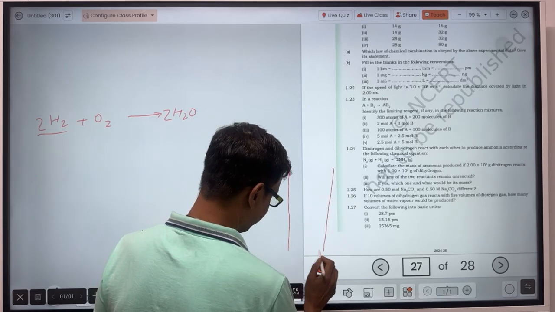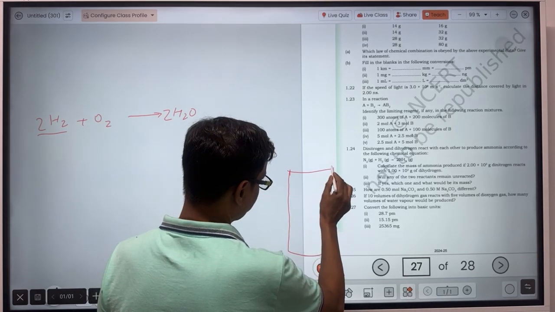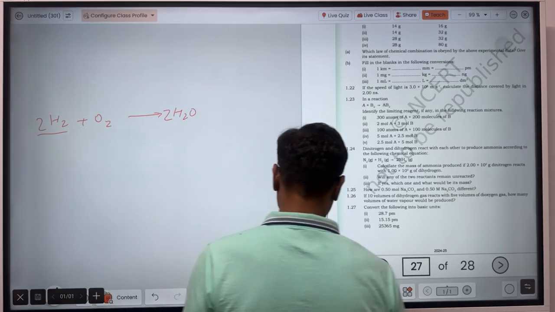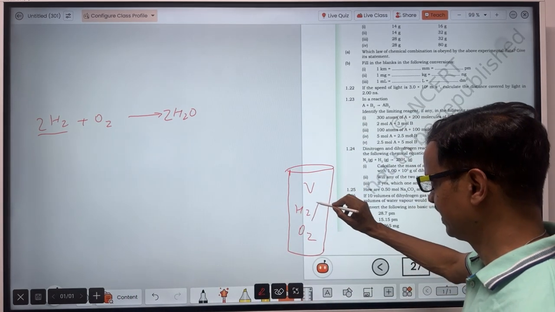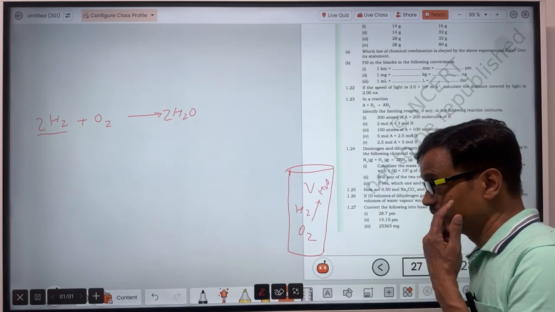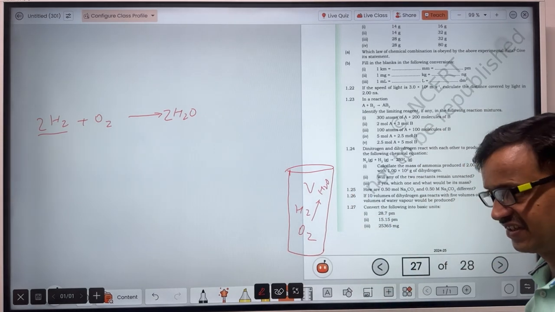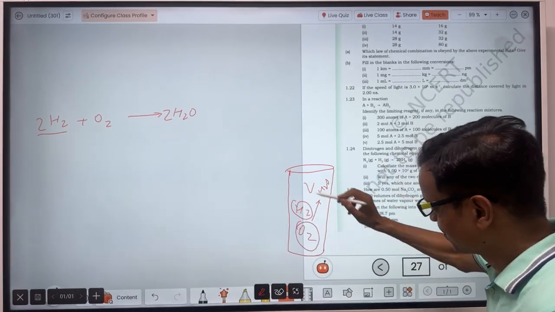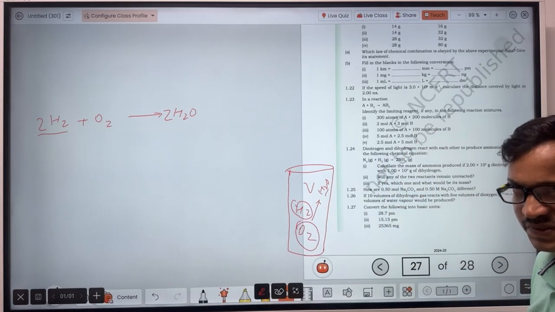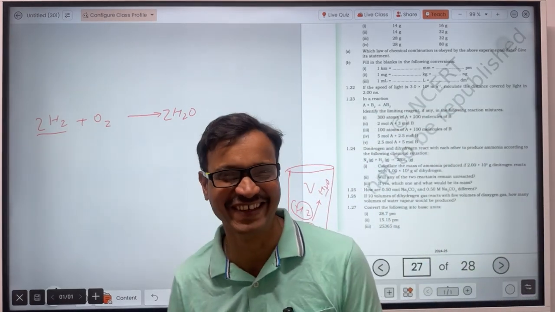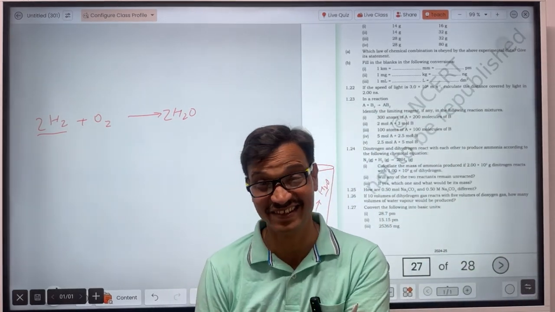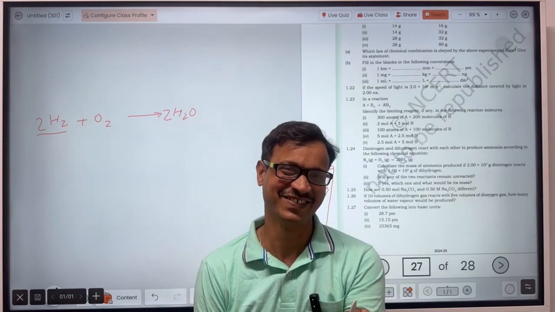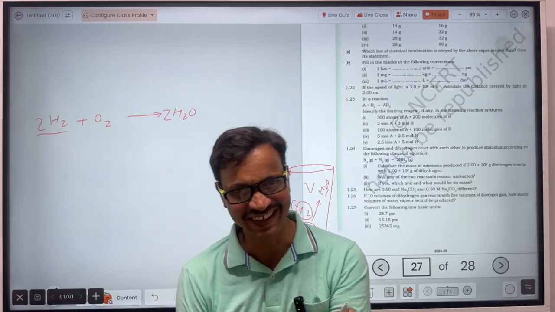let's see, like this is a container here, its volume is V. Here hydrogen and oxygen are there, and they react to give H2O. H2O here is in vapor phase. So the volume of hydrogen is V, the volume of oxygen is also V, and the volume of water vapor will also be V. Someone will ask why there is not a division of the volume. The volume should be divided among hydrogen, oxygen and water. Why not divided?